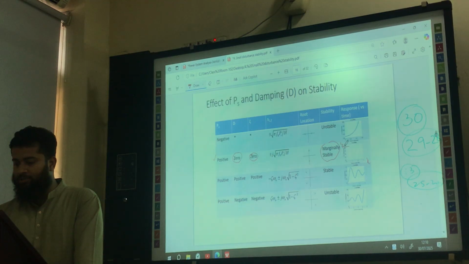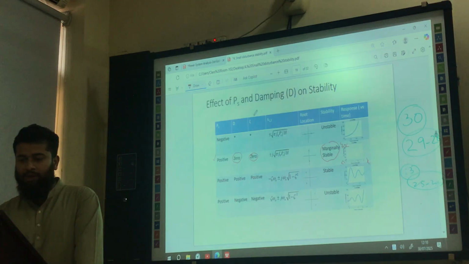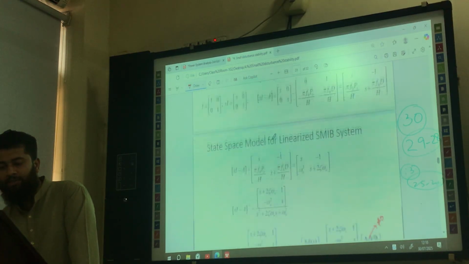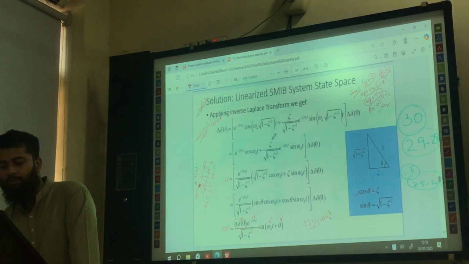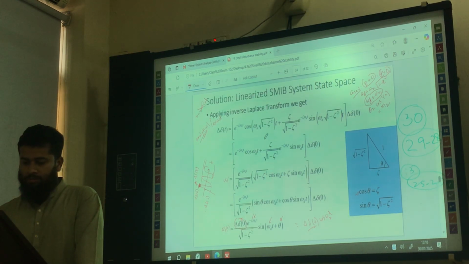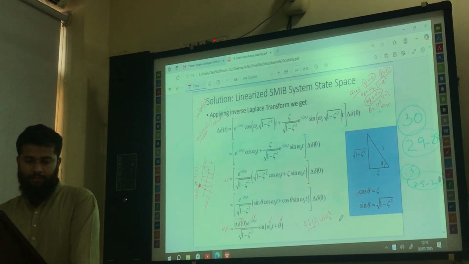Let's say this is 72, let's say this is 51. So over the time, the delta will either decay or grow. Here this is for the Laplace domain, the S domain, and here this is the time domain, but we are getting the same conclusion. Now can you relate this to the previous table? Do you have any confusion here? No, right?